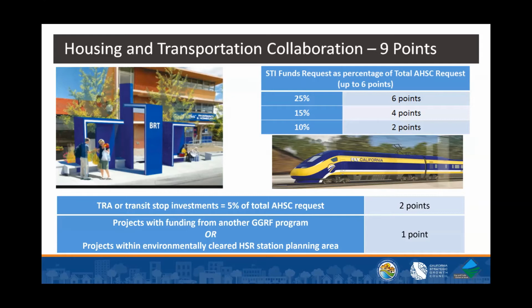And below, additionally, you can also receive 2 points if your transit investment is over 5% of the AHSC funds, and projects with funding from other GGRF programs will be able to receive 1 point.